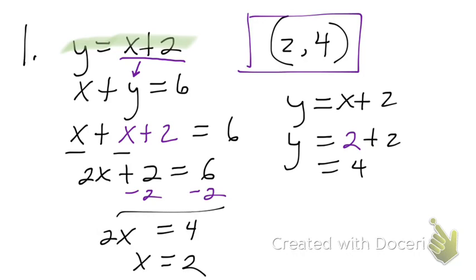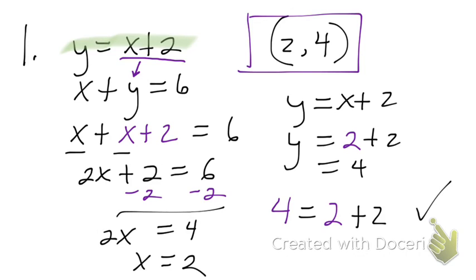Now again, we can always check our answers anytime we're in this situation. So if I plug in 2 for x and 4 for y, it should make both equations true. So in the first equation, I'm replacing y with 4 and x with 2, and notice that that is going to work.